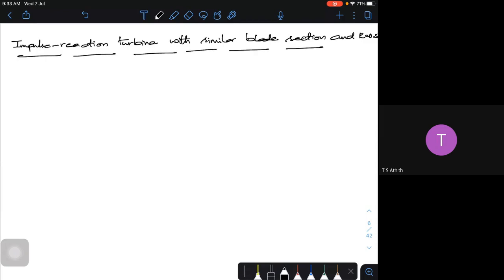So this kind of velocity triangle may be for the turbines which we have to do.